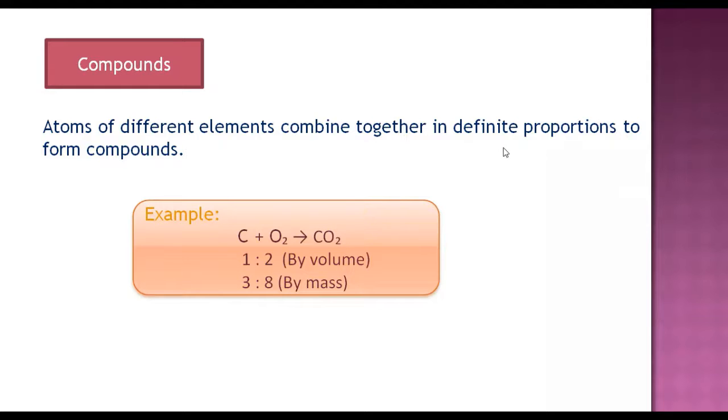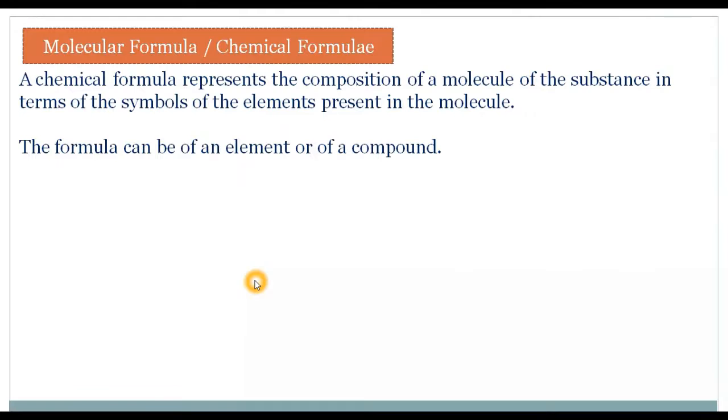And here again you can see they combine in definite proportions. If you look at the proportion by volume, 1 atom of carbon combines with 2 atoms of oxygen. That means by volume, the proportion is 1:2. And by mass, the mass ratio of carbon and oxygen is 3:8.